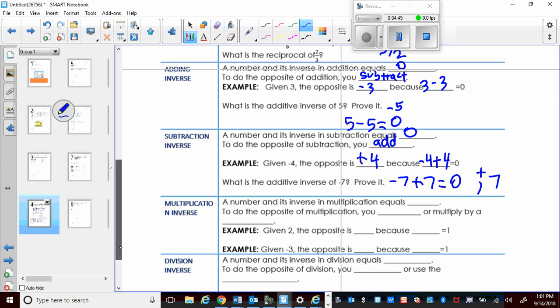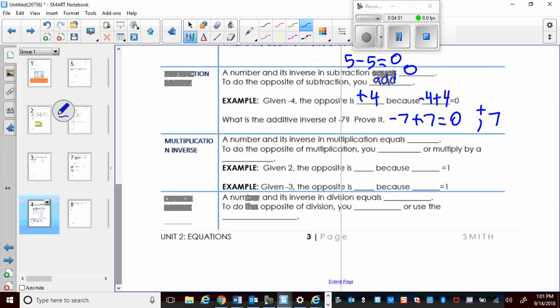Now, for multiplicative inverses, you're going to be using the reciprocal. So a number and its inverse in multiplication equals 1. To do the opposite of multiplication, you divide or multiply by the reciprocal.